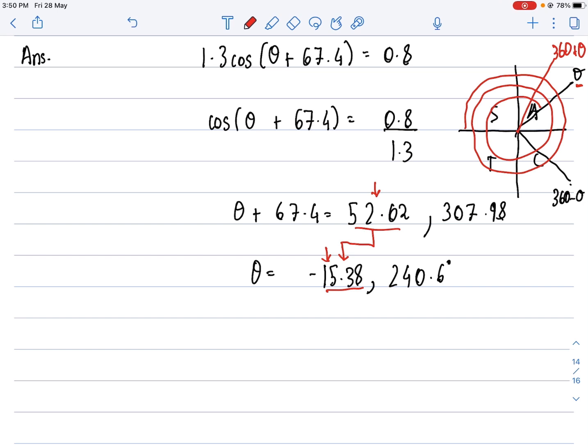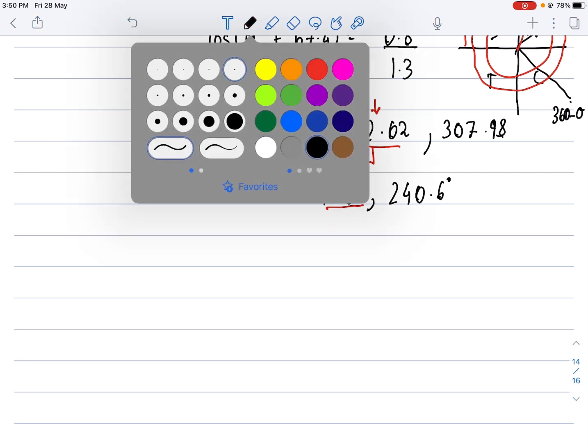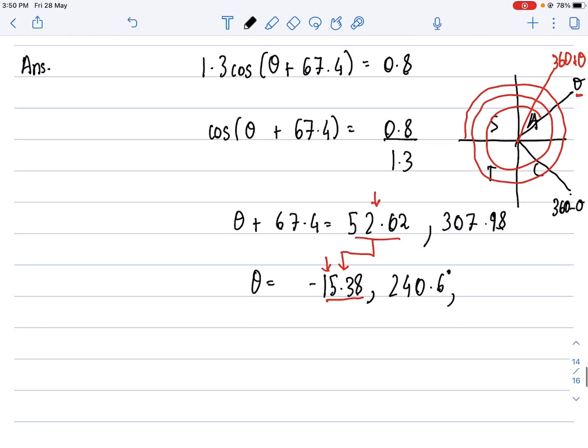So there's another value which I'll write in red, which is 360 plus theta. You know your theta is 52.02. So 360 plus 52.02 gives 412.02.